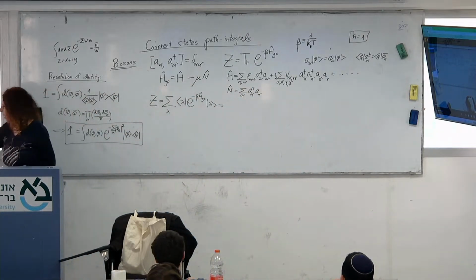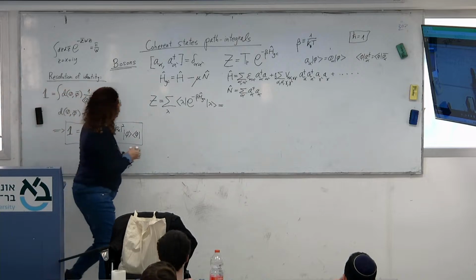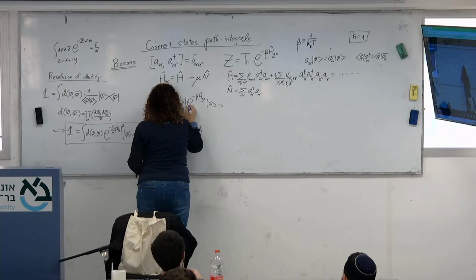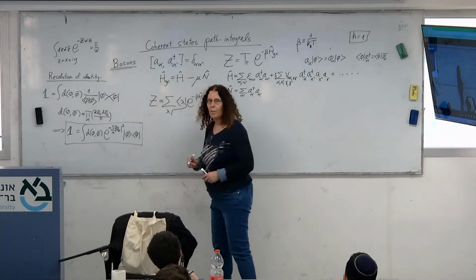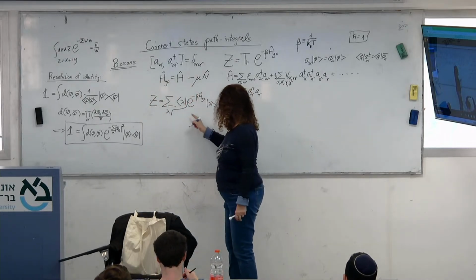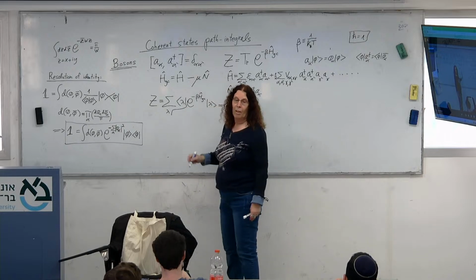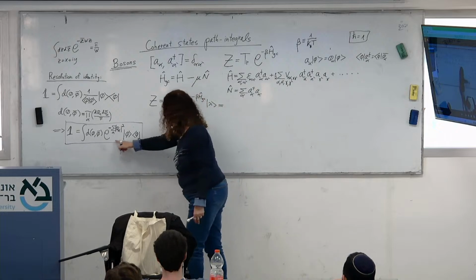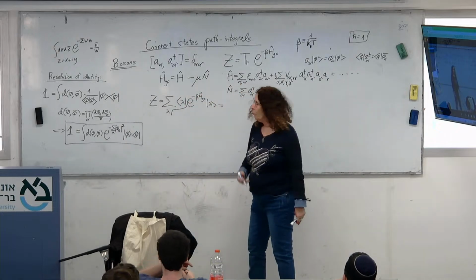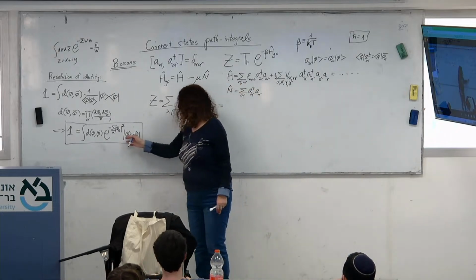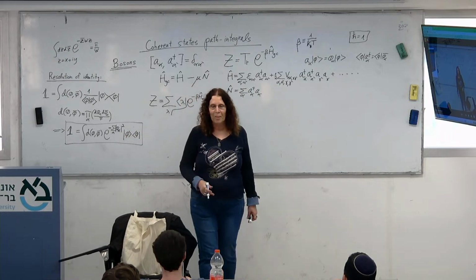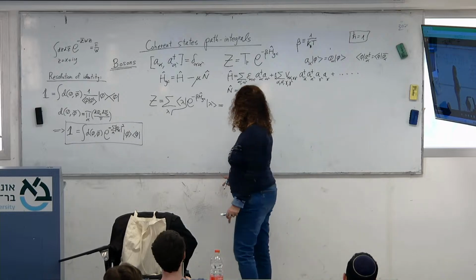So I'm taking advantage of the same trick we use all over the place. We introduce here the resolution of identity. Which one? This one? But with your permission, instead of the notation phi, I use psi. Okay? Just for getting a standard.